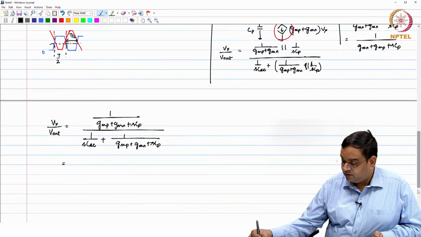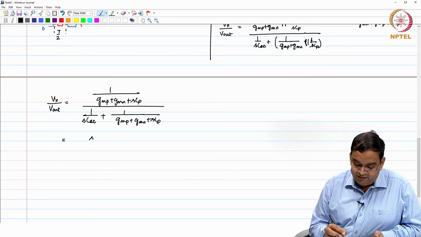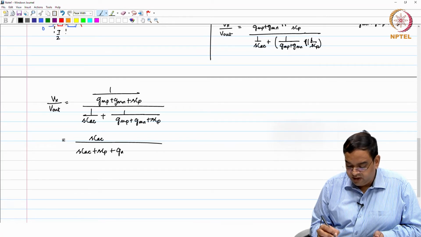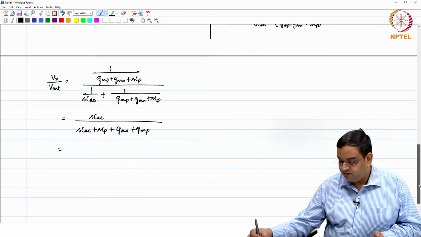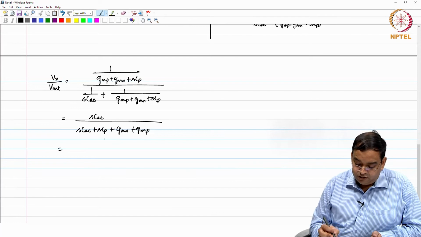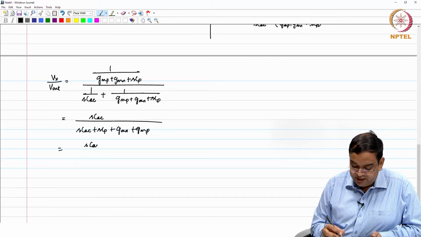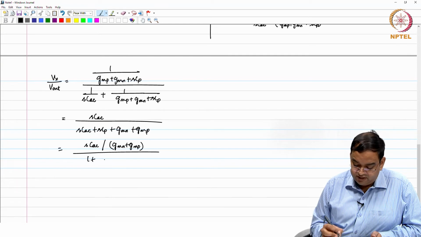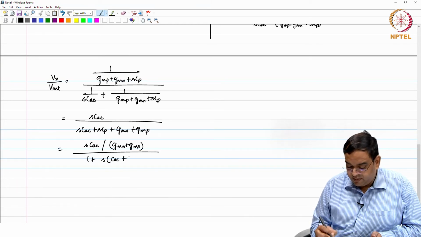So, this is equal to SCAC divided by SCAC plus SCP plus GMN plus GMP, which is something you need to understand. So, we have SCAC divided by GMN plus GMP, over 1 plus SCAC plus CP, whole divided by GMN plus GMP.